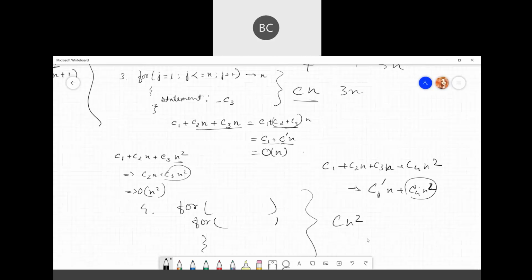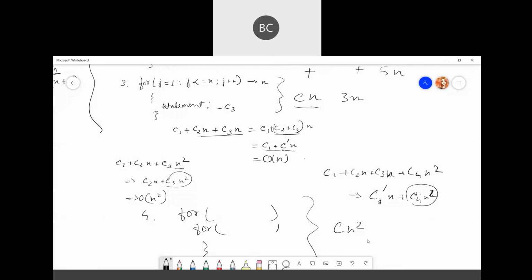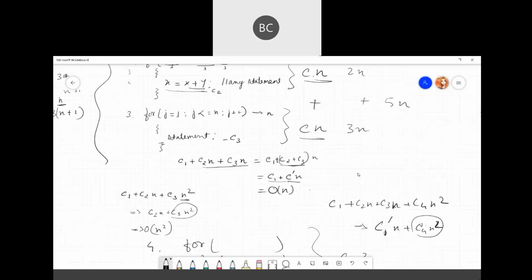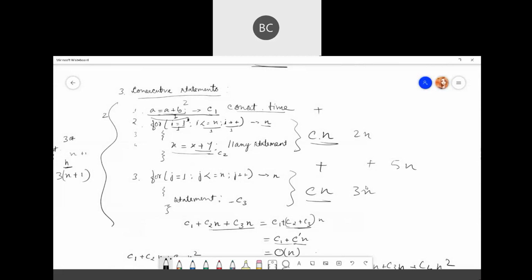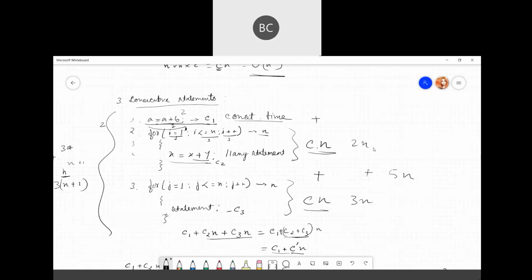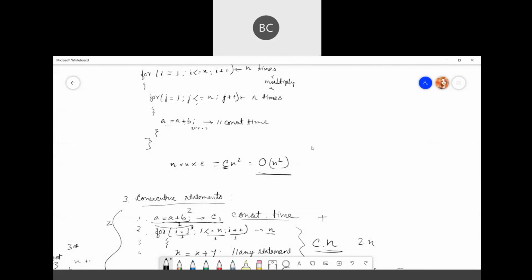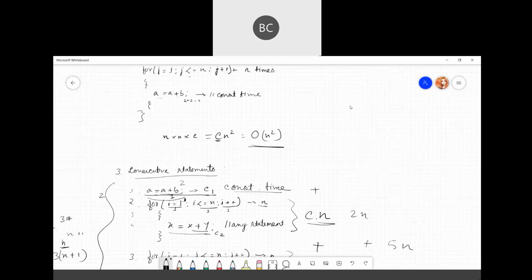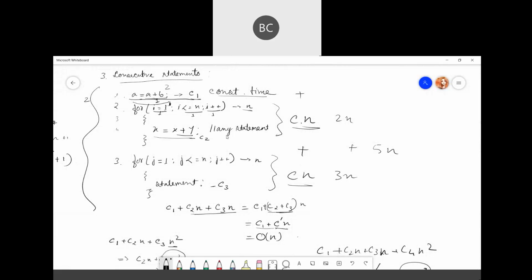Okay, there is a catch. There is again a logarithmic complexity in case of for loop. Right now I am saying in for loops, it takes a constant amount of time. Correct? For any for loop, whatever the statement, it's always a constant amount of time. But there is a change in case of divide and conquer operations.